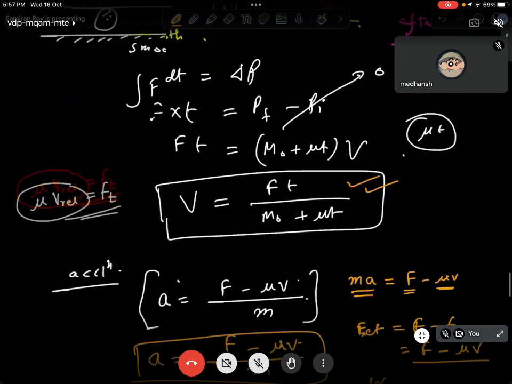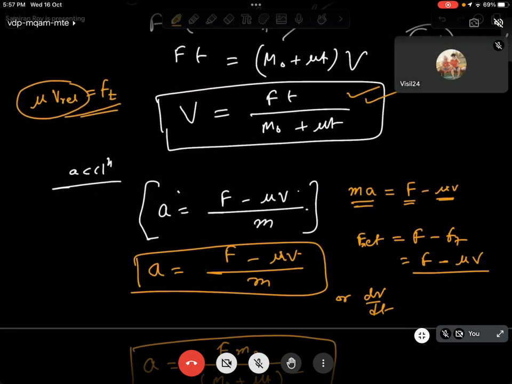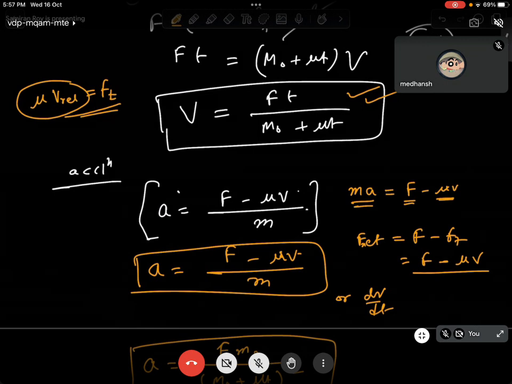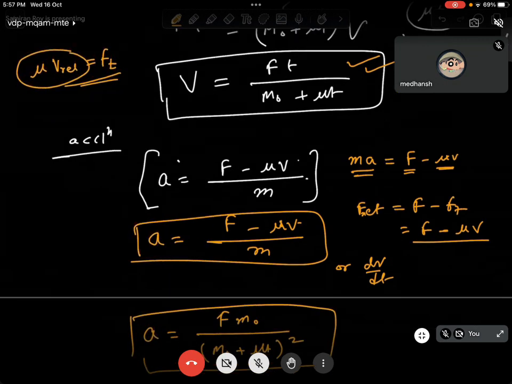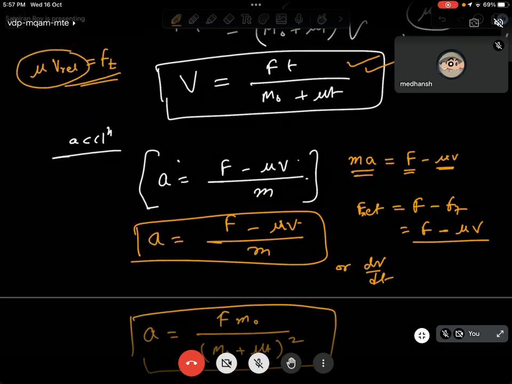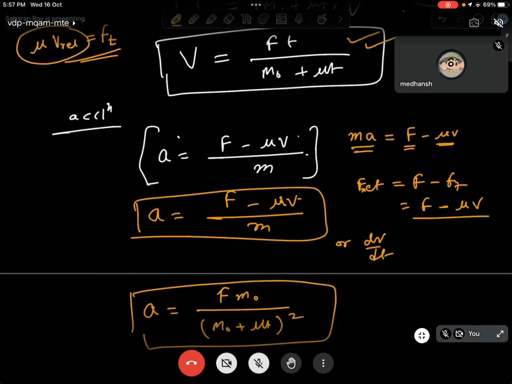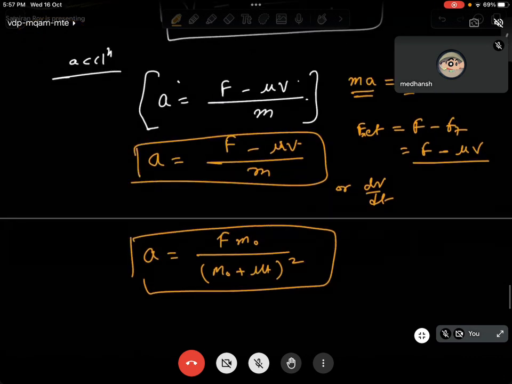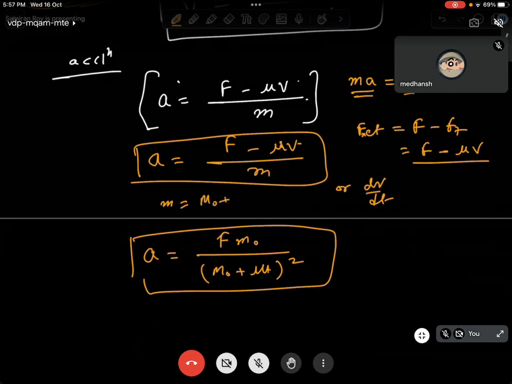So then I think you get ft, f m naught you will get. And mu t will get cancelled. And small m will be capital M naught plus mu into t.